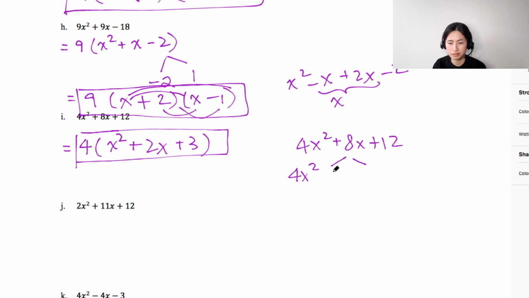Okay, let's try 4. Actually, if you have 4 and then x plus 1, yeah, it's not gonna work.